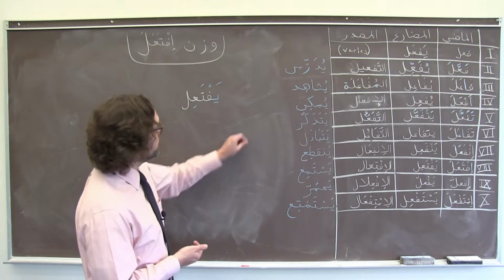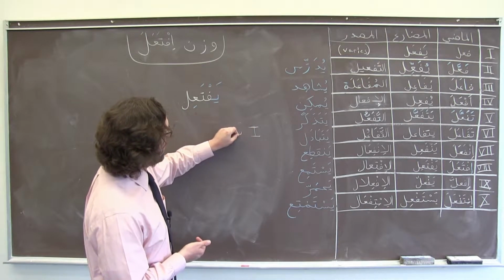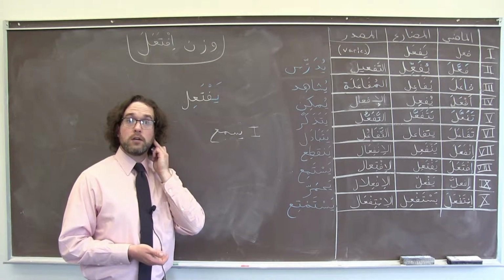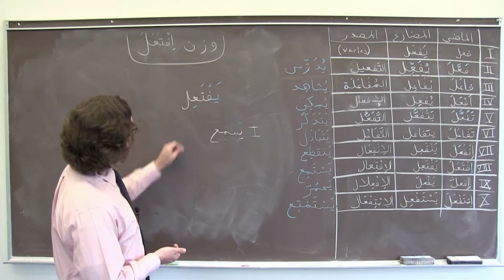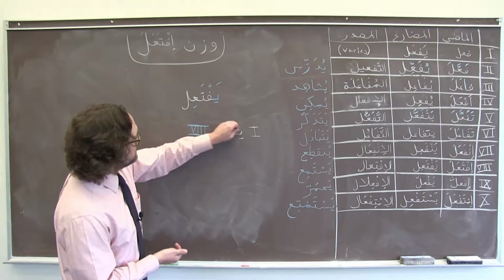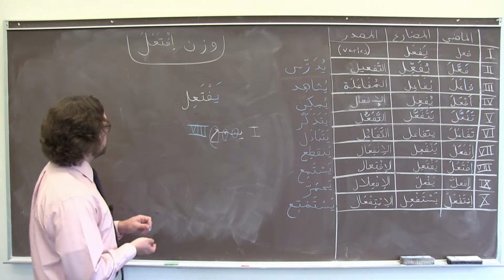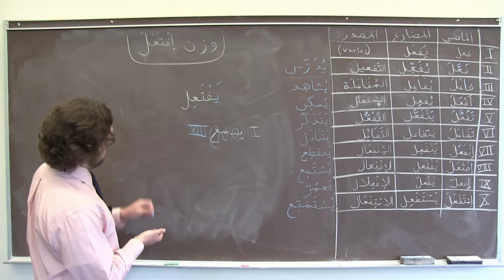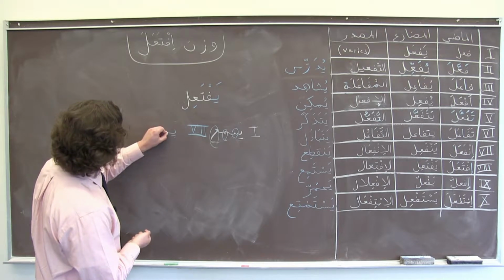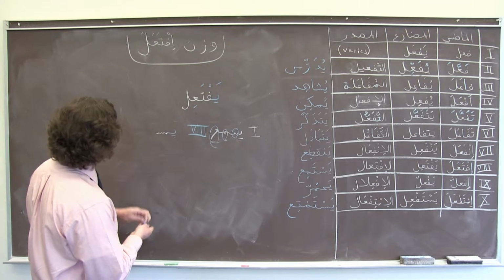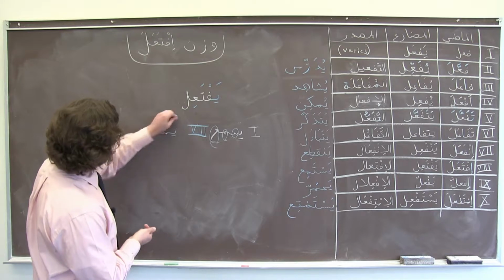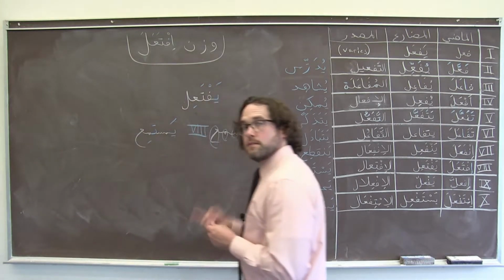You probably know the form 1 verb yasma', which means hear. And in form 8, we take our sin, mim, and ayn, and we put it into that pattern, and we wind up with yastami', a verb which means to listen.